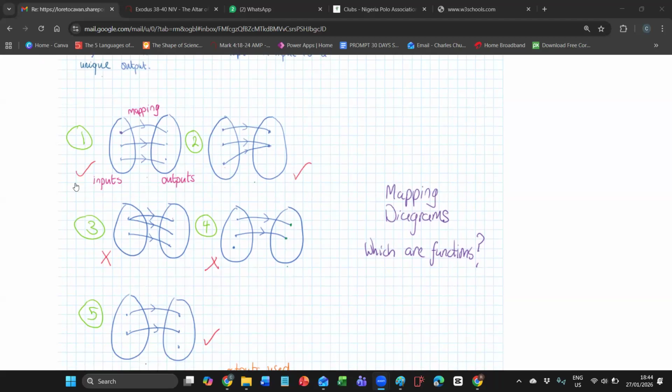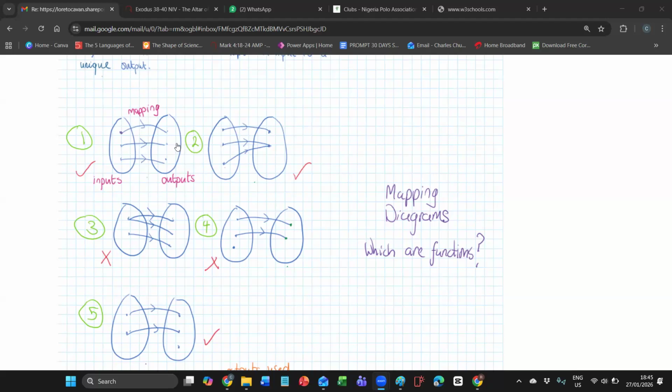In the first one, if you can see, there's only one line between one dot on the input side and one dot on the output side.